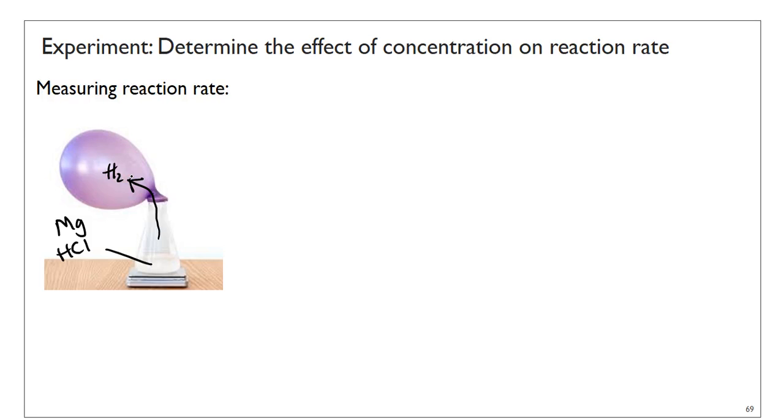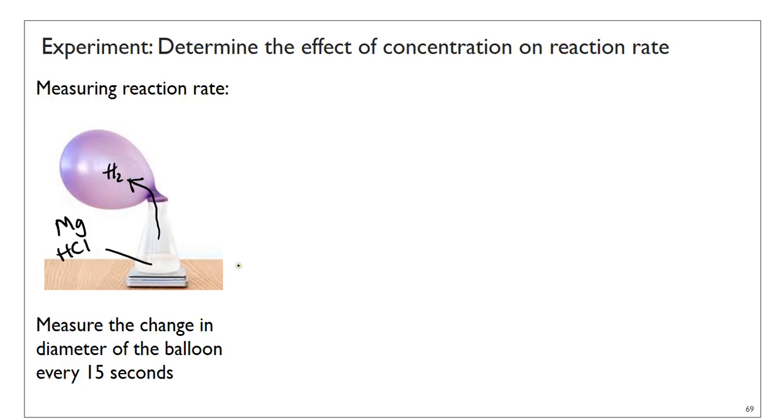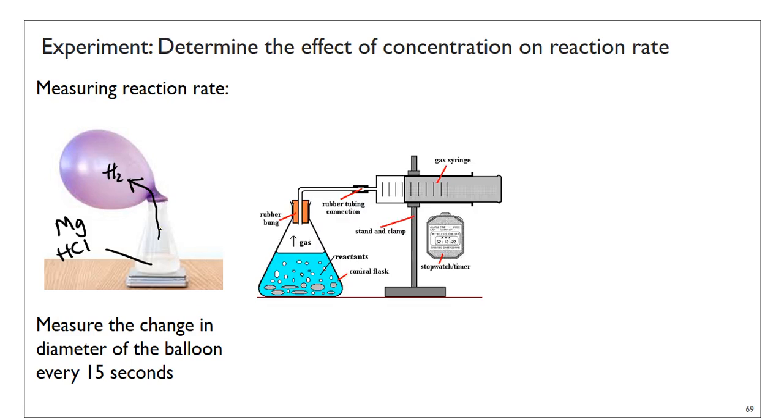Now, if you really want to use this setup to measure reaction rate, then you have to make sure that you measure the width or the diameter of the balloon, perhaps every 15 seconds. So you don't want to wait until the end to measure, but you want to measure how fast the balloon is being inflated.